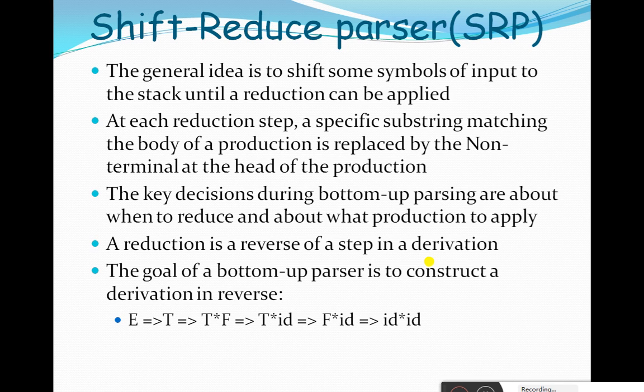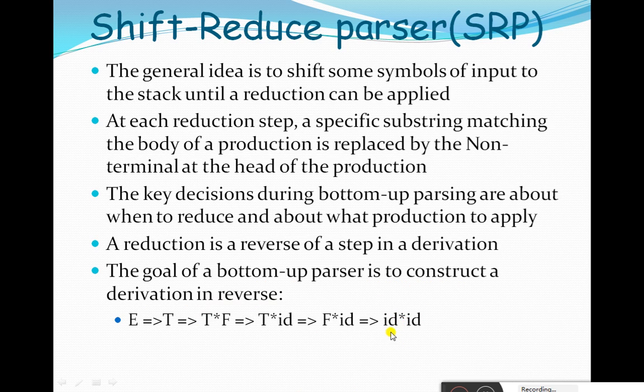When to do the reduction, and what production to apply for the reduction, depends upon the handle, and the handle that matches the body of the appropriate production. The goal of a bottom-up parser is to construct the derivation in reverse. Just now we discussed the same example.